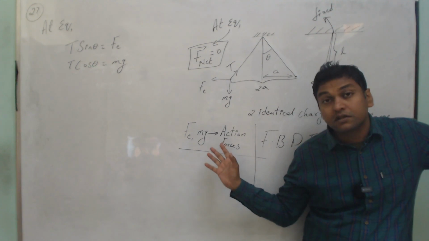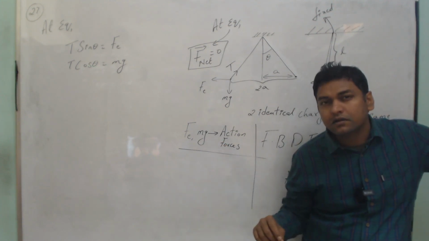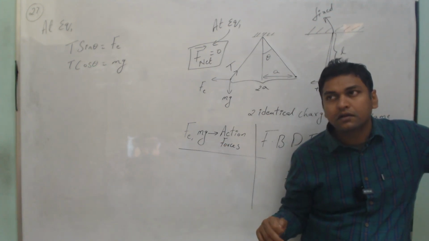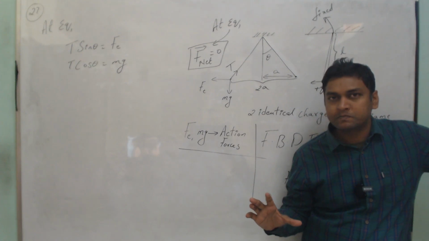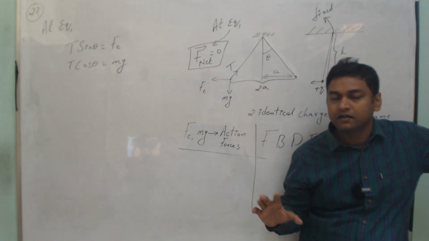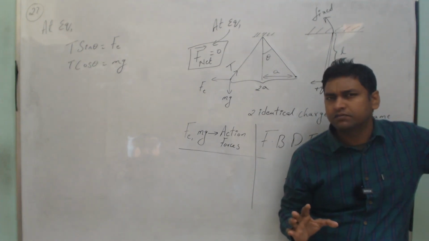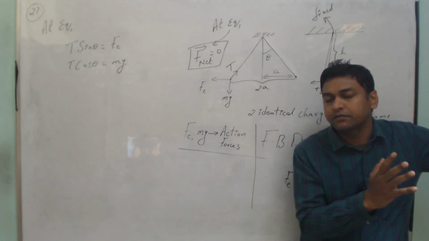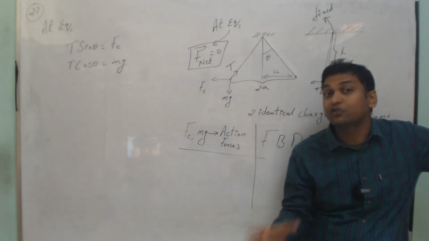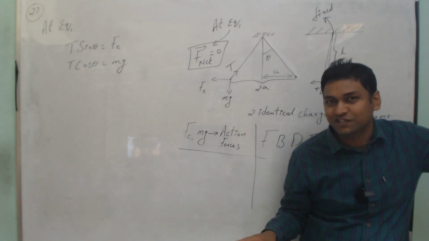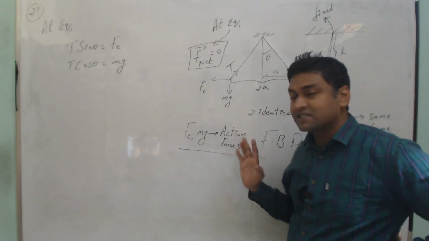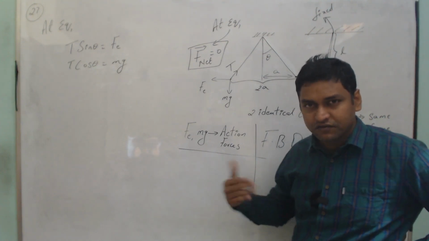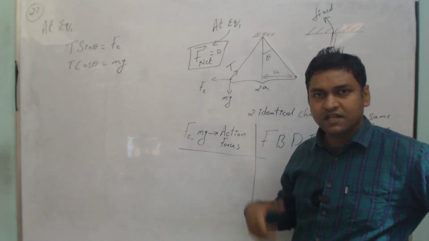Sir, these forces, then if we consider an inclined plane, there we take components of mg. When we discuss the inclined plane, I will definitely come over there. Yes, sir. Okay. So for now, let us keep that part aside because the concept is the same. I am coming to the concept which matters the most. Yes, sir. Okay. See, you asked me what is an action force. An action force is an independent force.